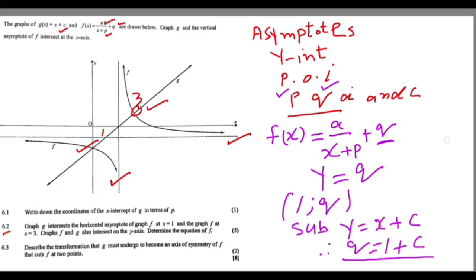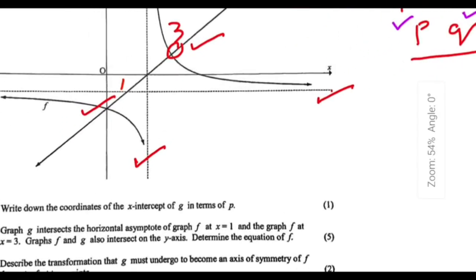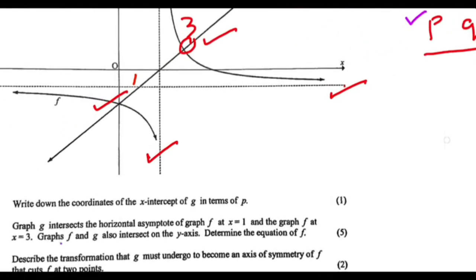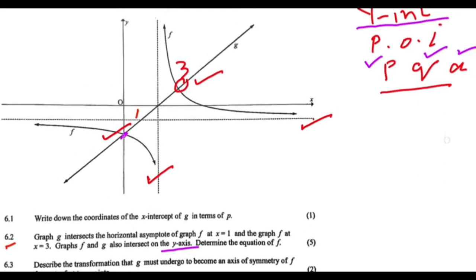Now we're going to try to solve the a. So now we're going to utilize the y-intercept. Remember, it says f and g also intersect at the y-axis. So they intersect here. This is the y-intercept.